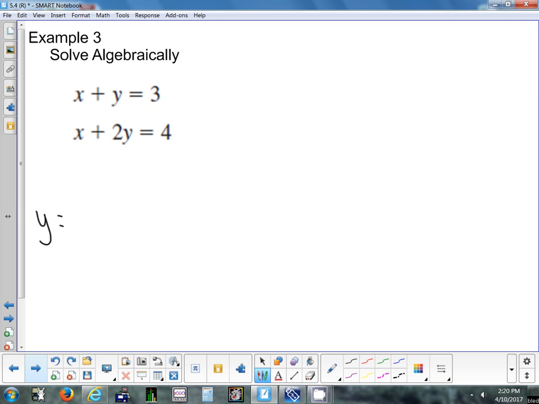Substitution, right? I wouldn't use graphing because it's not asking me to solve graphically. So we have one of two choices when solving algebraically. Either elimination, which means I want x and y on the same side, or substitution, which means y is going to be alone on the left-hand side. So I only have two choices to solve algebraically.